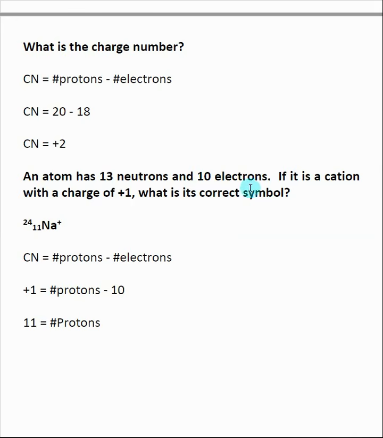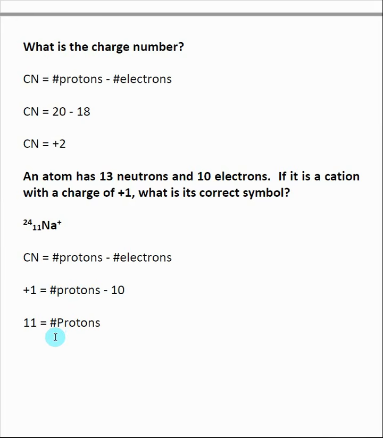So if I've told you it has 10 electrons, and I told you that it has a charge of +1, that tells me that the number of protons is going to be equal to 11. So remember, the charge number is equal to the number of protons minus the number of electrons. If I want to solve for the number of protons, I think about it conceptually. What number minus 10 gives me +1? The number of protons must be 11.